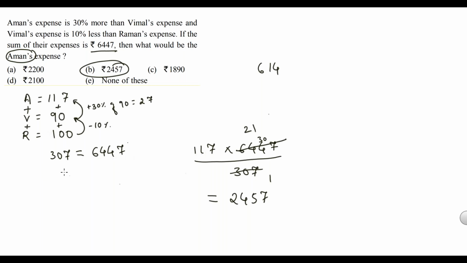Individually, we are finding Aman's. Aman's is 117. I hope it's clear now.